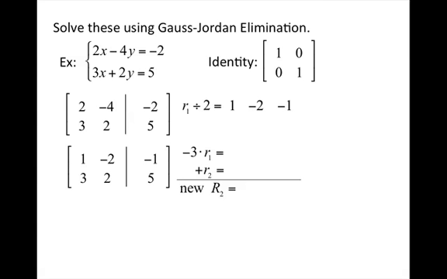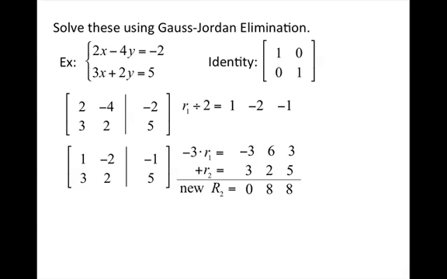So -3 times row 1 is -3, +6, +3. And then I add this to row 2, which is 3, 2, 5. Well, the -3 plus 3 gives me the 0 that I wanted. 6 plus 2 is 8, and 3 plus 5 is 8.